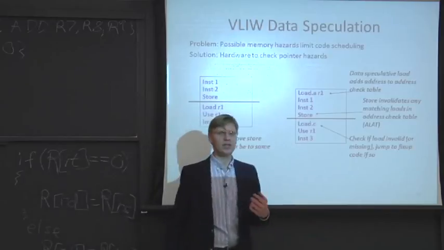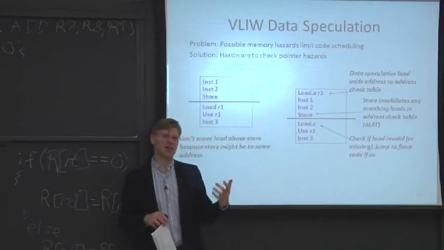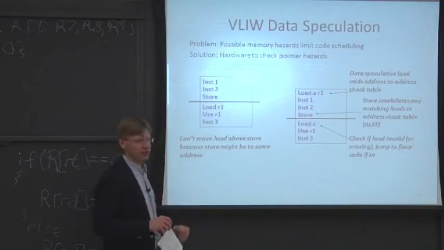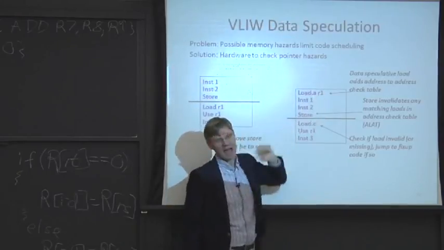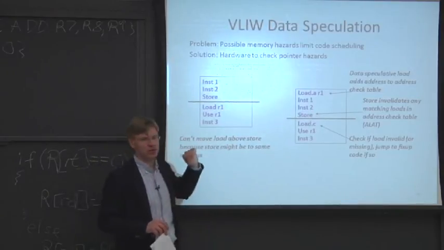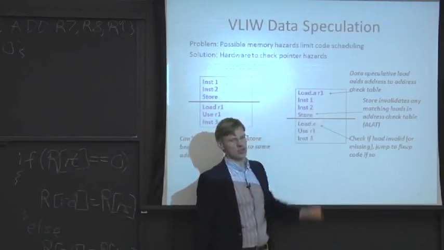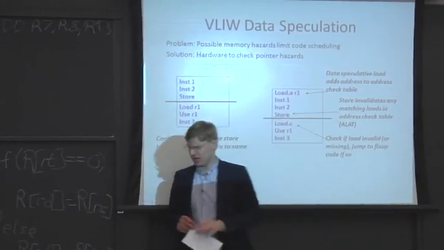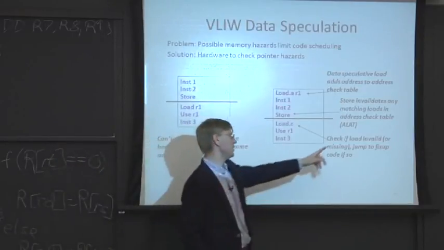Much the same way that when we reordered loads above stores in an out-of-order superscalar, we added the load address to a load store queue and a memory disambiguation queue, we're going to do the same sort of thing here. When we move this load up, we're going to have a different instruction here, a load and add. What this is going to do is the load, and add the address to a special table, which we're going to call the ALAT, the Advanced Load Address Table. The ALAT is what Itanium calls this.